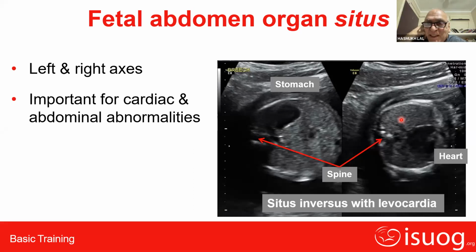Imagining oneself in the mother's womb gives more clarity. Anyhow, this is one way. There are different ways. It depends on what is convenient to you, but whatever you do, you must establish the situs right, 100% right. Go ahead.